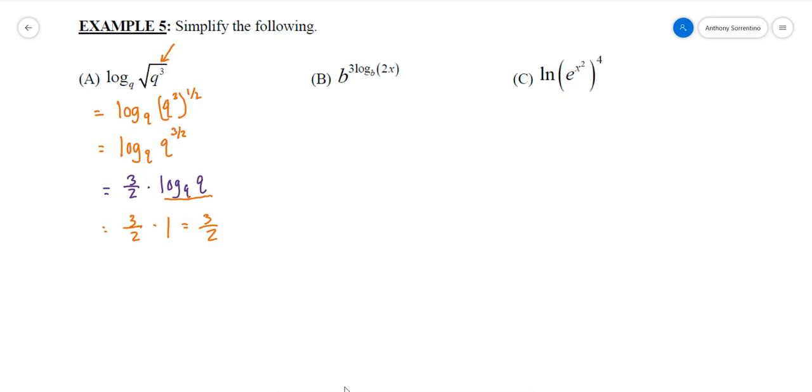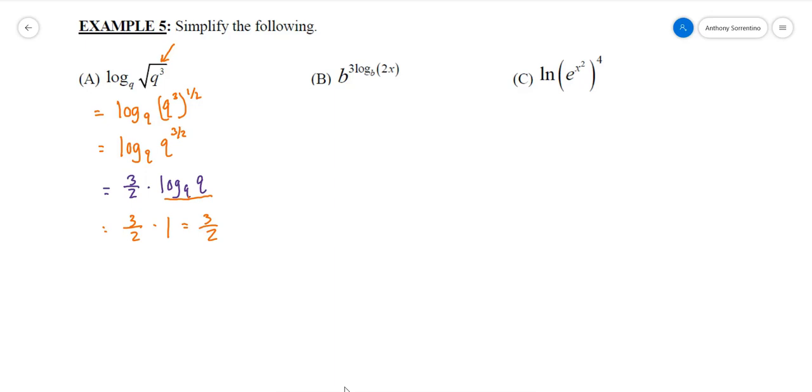For b, I don't have a situation yet where the b exponential base and the logarithm base b are right next to each other. This 3 in front of the logarithm is in between them, and prevents me from doing a cancellation. Well, I have to get that 3 from between the b and log base b.